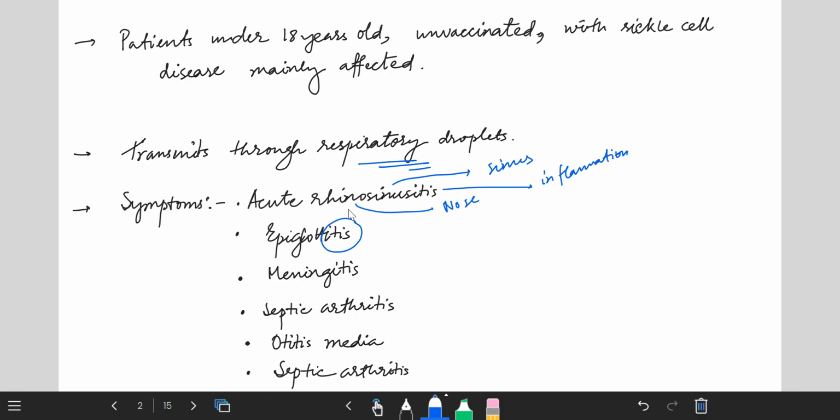Meningitis means obviously the inflammation of the meninges. Septic arthritis means a joint infection, and otitis media is also known as middle ear infection. Okay, so these are the signs and symptoms.